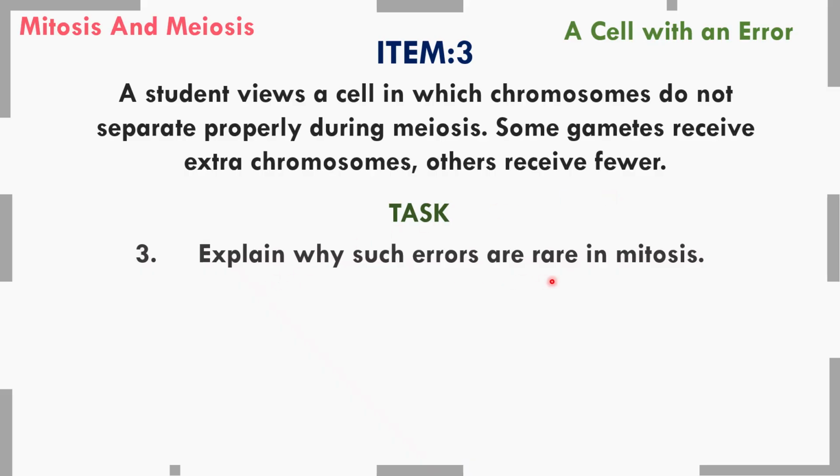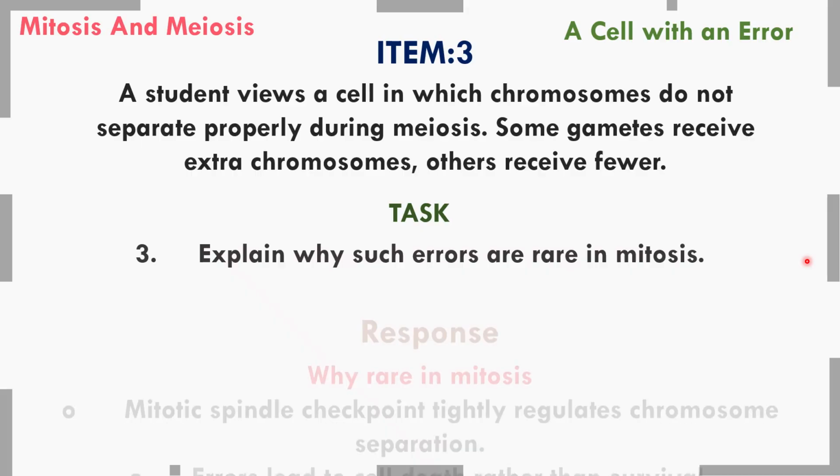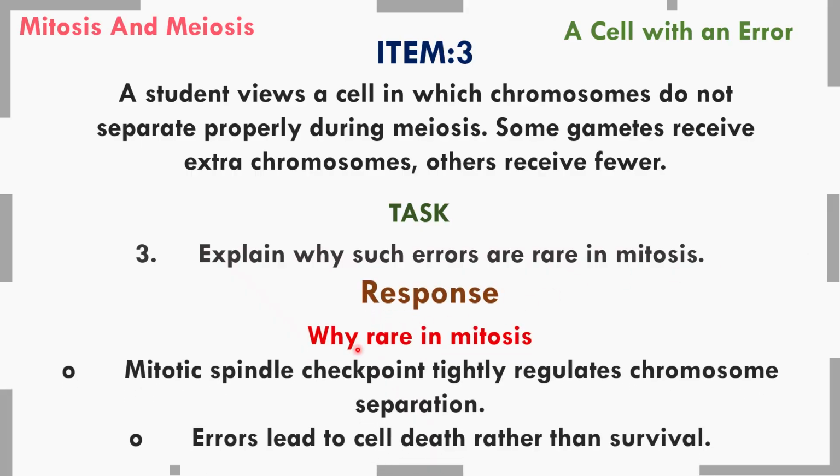Explain why such errors are rare in mitosis. Why rare in mitosis? Mitotic spindle checkpoints tightly regulate chromosome separation. Errors lead to cell death rather than survival.